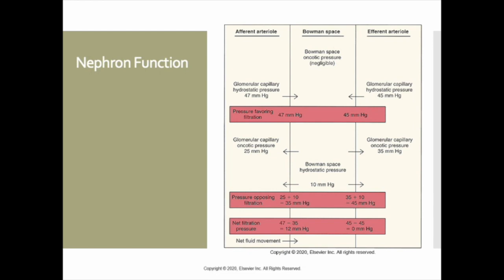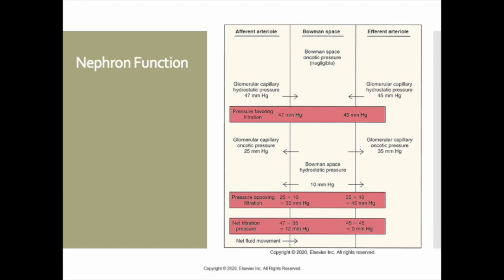It could be someone that is excessively vomiting or has excessive diarrhea, or maybe you have a patient that's on diuretics. What if you have a patient that is excessively sweating, right? All of this loss of volume and fluid can actually increase that oncotic pressure and then decrease your GFR.